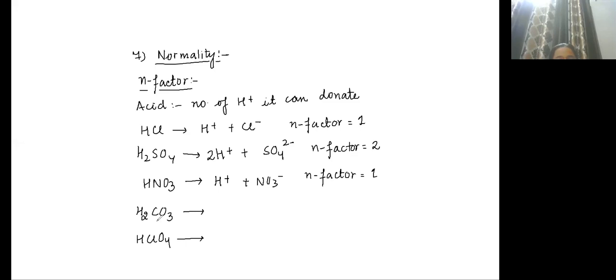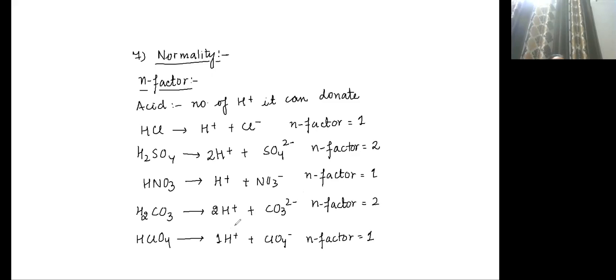N factor is 1. H2CO3, what will be its N factor? It has 2 hydrogens, so N factor will be 2. It is 2H plus CO3 2 minus. HClO4, what is N factor of HClO4? Correct. HClO4 N factor is 1. 1H plus ClO4 minus, N factor is 1.